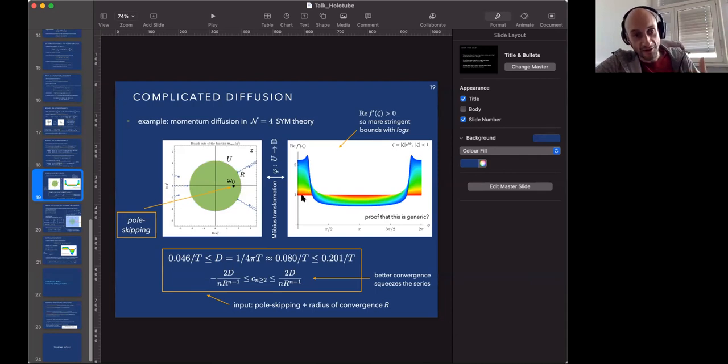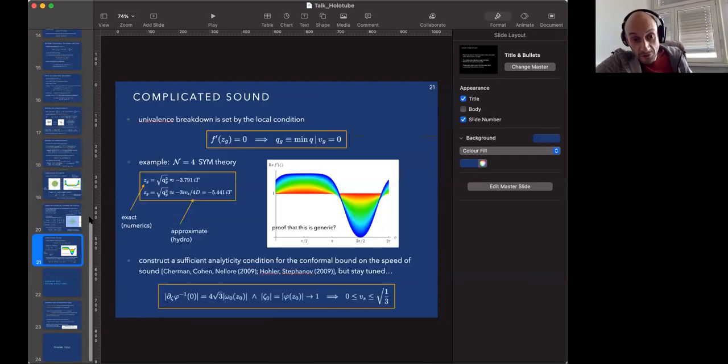And so at least here generically, this goes up. You can show this at least for some region, but it always takes a finite absolute value of zeta for these functions to be able to reach down to 0. This is very easy to see. So for sound, they reach 0. This is the same plot for N equals 4 super Yang-Mills sound. Again, you start at 1, then you vary the parameter.